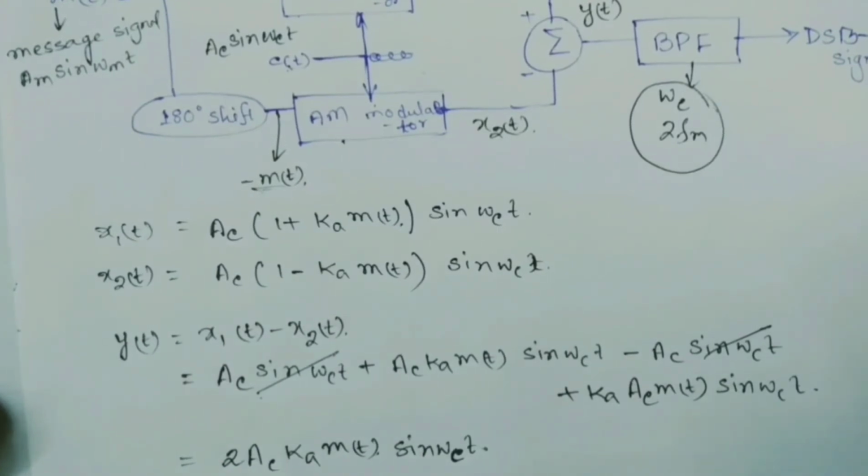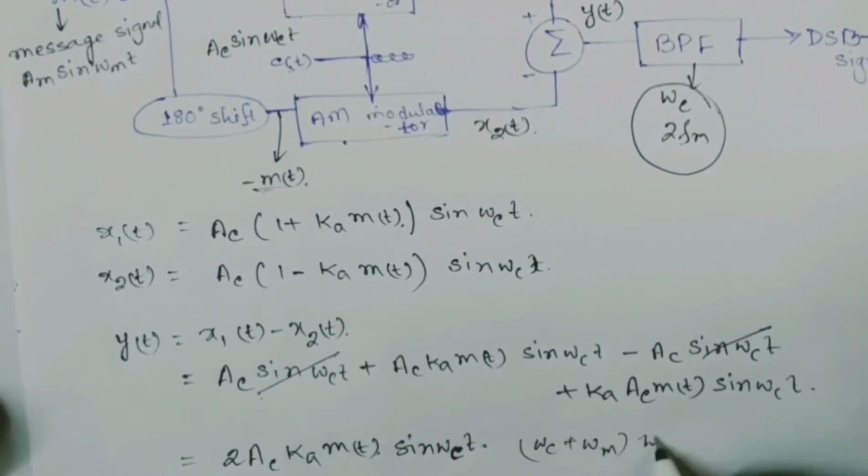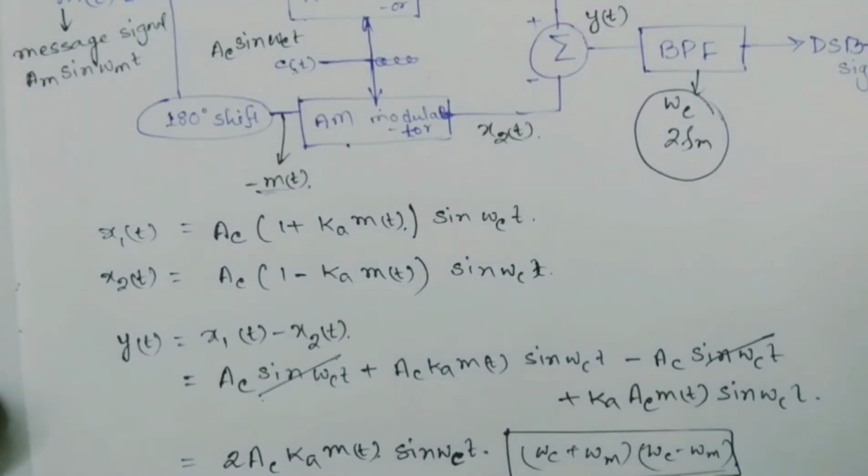You can see the output consists of two sidebands with frequencies omega c plus omega m and omega c minus omega m, and the carrier signal is not present here. So we have successfully generated a double sideband suppressed carrier.